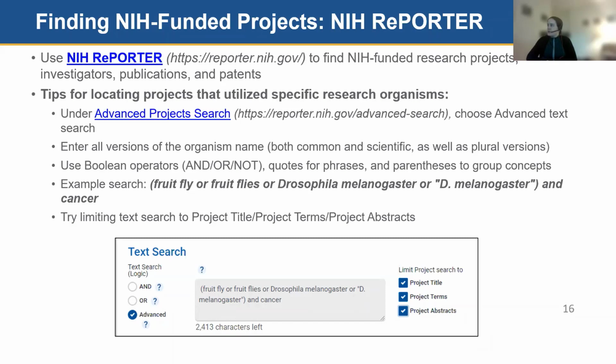So just as an example, to locate projects related to cancer and fruit flies, you could use fruit fly or fruit flies or Drosophila melanogaster or D. melanogaster and cancer within your search. For a shorter list of relevant projects, try limiting text search to project title, project terms, and project abstracts. So let's go ahead and go under NIH Reporter.